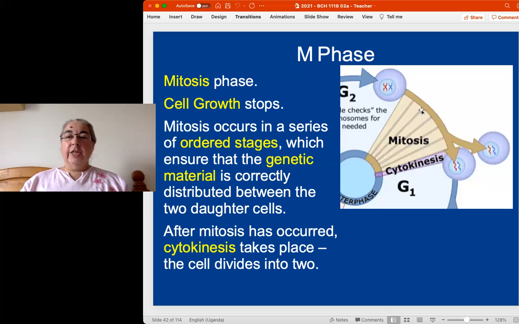So there are stages of mitosis to divide up the genetic material, and then cytokinesis officially is not part of mitosis. It's the next stage after mitosis, and that's where the cell actually divides into 2 new cells.